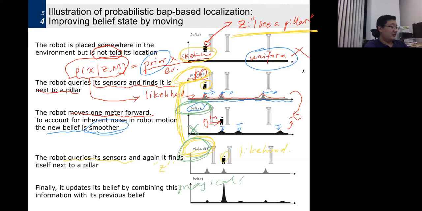The previous belief is a prior. Multiply by the likelihood, and you get a posterior. This posterior will be this shape. This process is easy.